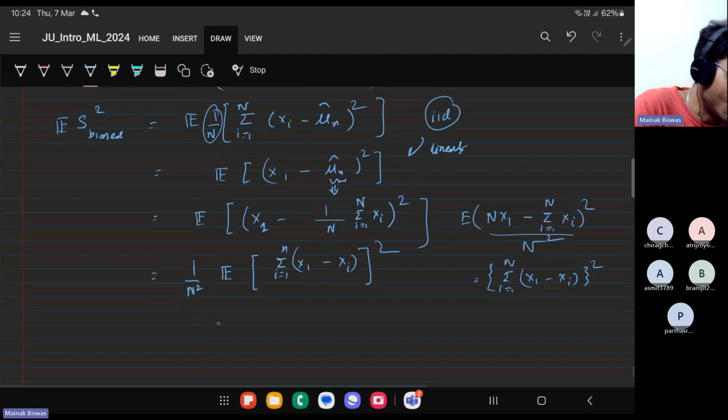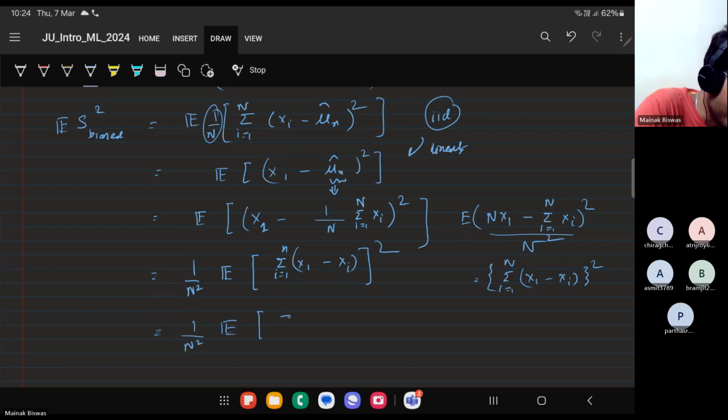Which is also equal to 1 by n squared, expected value of x1 minus xj, let us write j or i, from i equal to 2 to n. Yes or no?